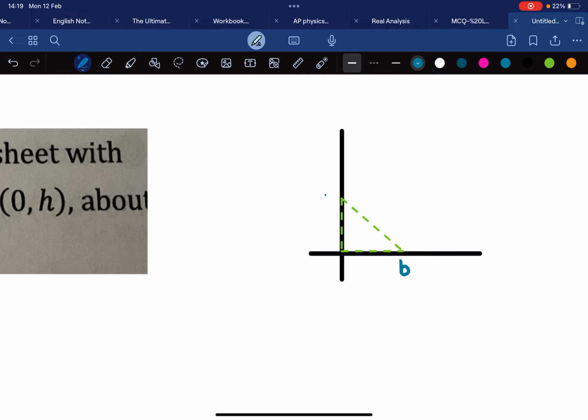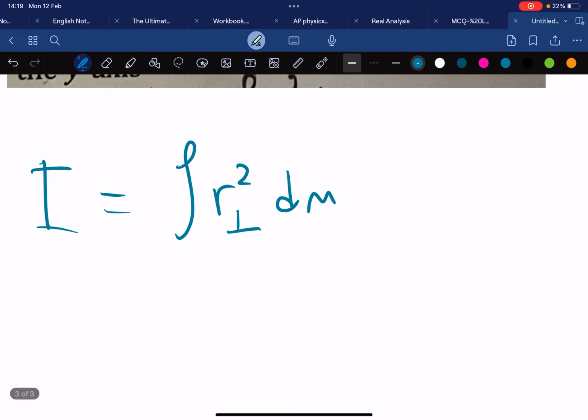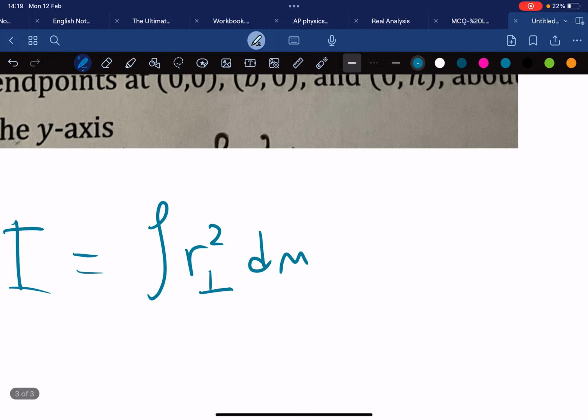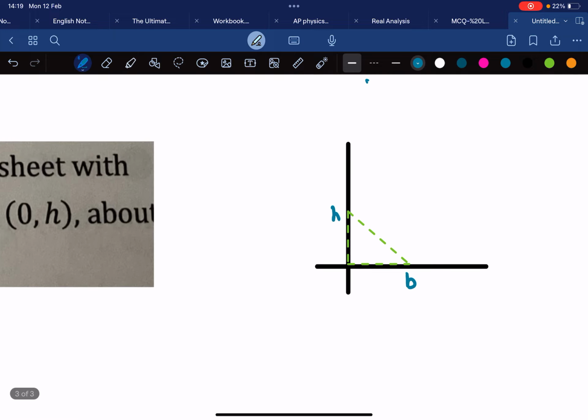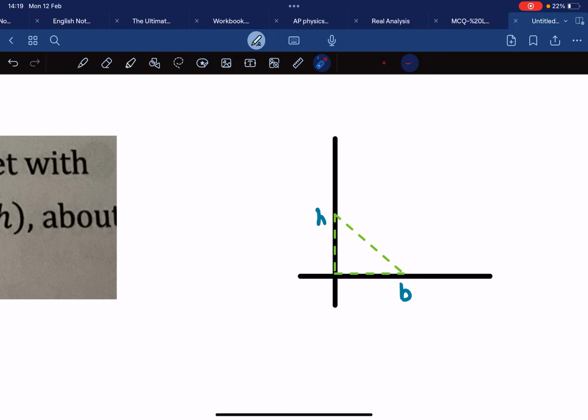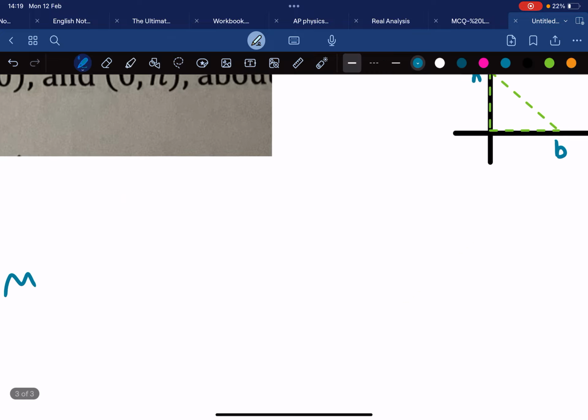This is going to be b, and this is going to be h, right? So now our perpendicular distance: this right here is the y-axis, so whatever is perpendicular to that is just going to be x. So the point here is just going to be x.